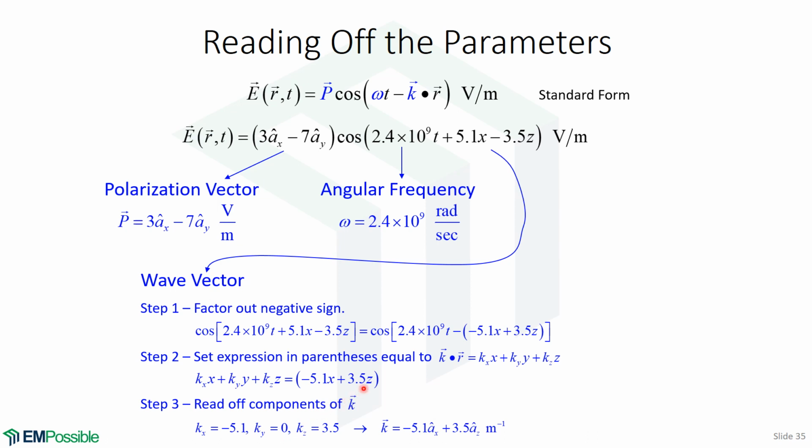The term multiplying z is a positive 3.5, so kz is 3.5. Then we can tie all this stuff together, and we can finally get our wave vector. And its units are inverse meters. So that took a little bit more work. The real trick is we had to factor out the negative sign and then compare it to the dot product, the kx times x plus ky times y plus kz times z. But we got our wave vector.